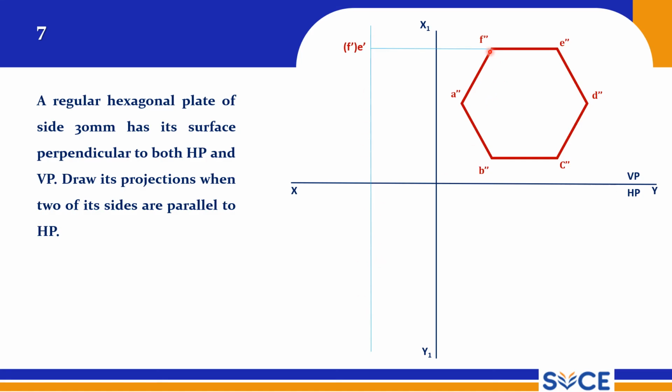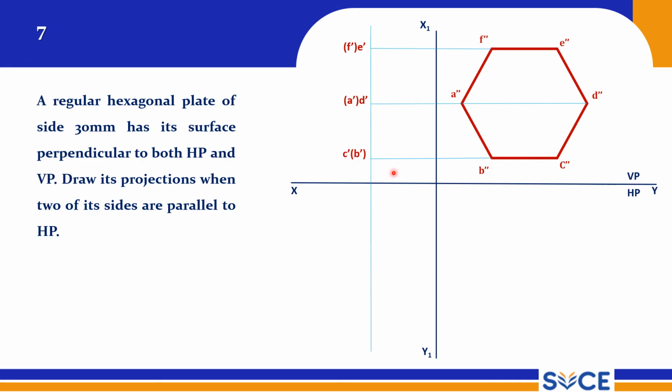You project up to this projector. Now this is our xy reference line for this side view. F becomes invisible, E is visible, A becomes invisible, D will be visible, and B becomes invisible, and C will be visible. So this is our front view.